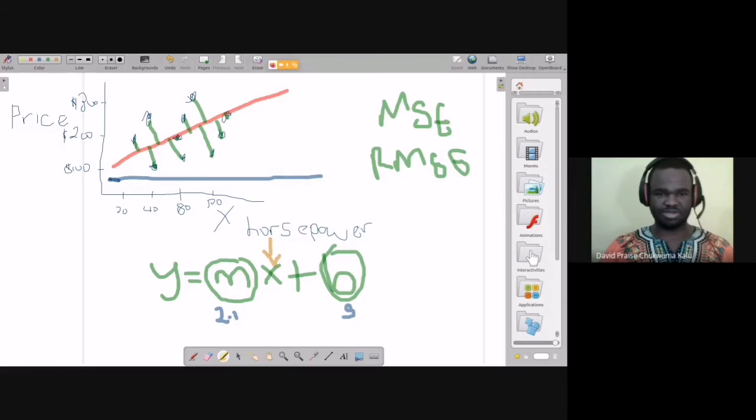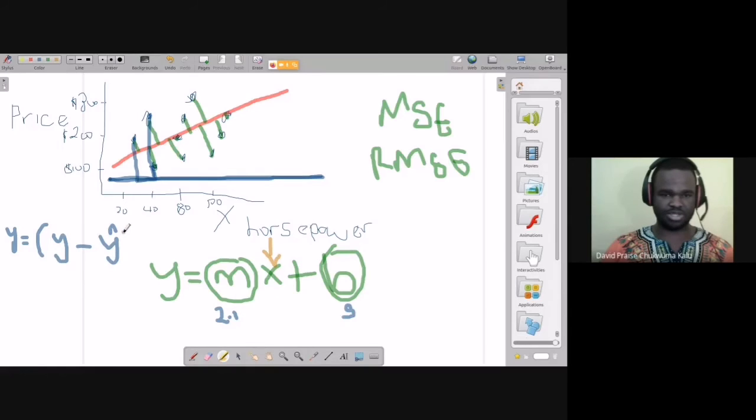So let's say we start out with this assumption, then we calculate the sum of squared errors. So this is from this point to this line, from this point to this line, from this point to this line, and the mean square error. If you're not familiar with the equation for that, it's basically taking our actual y minus what our model predicted, squared.